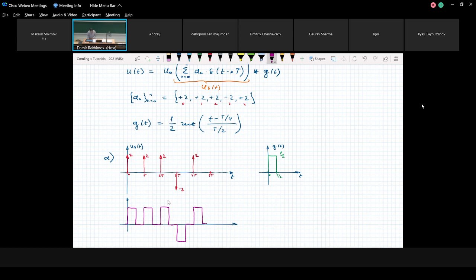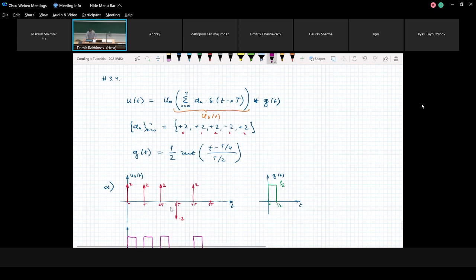Now we should be very careful about amplitude, because we have so many parts. We have the magnitude of the delta pulse, the amplitude of the rectangular pulse, and also the amplitude of u of t itself.